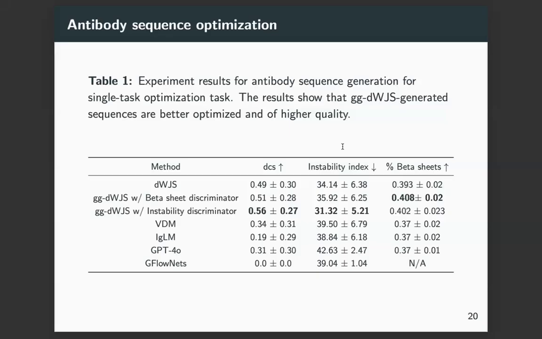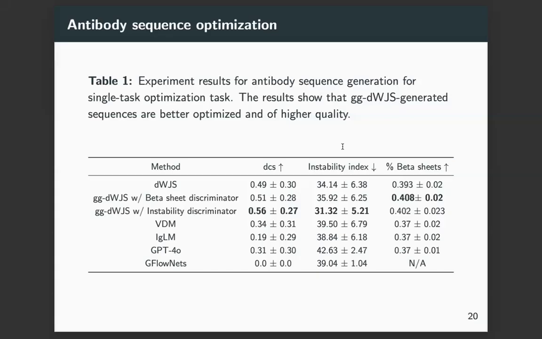We have this comparison between these two, and we find out if they're better or not. And that's DCS. So we obviously want DCS to be as high as possible. That tells us if our method is producing antibodies that are more antibody-like, essentially. So we want the DCS to be high, as well as we want some specific attributes to be optimized.